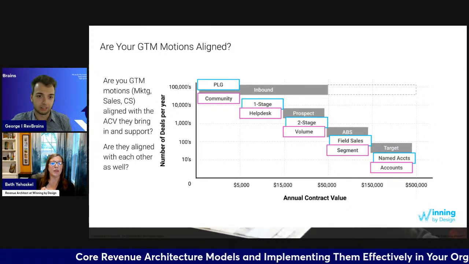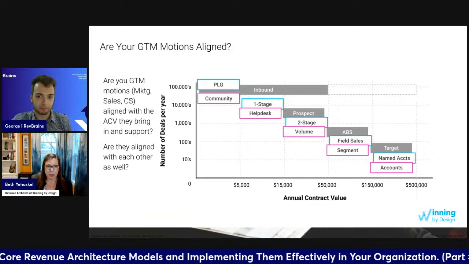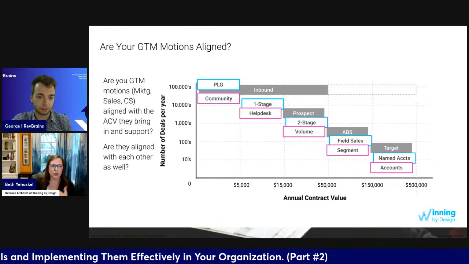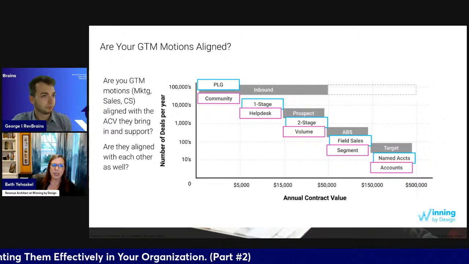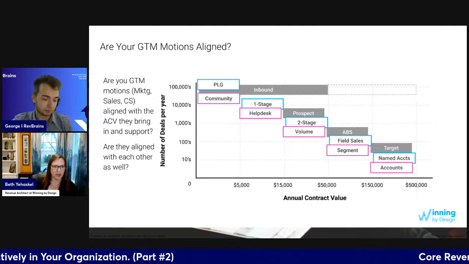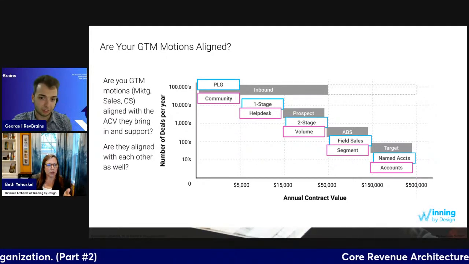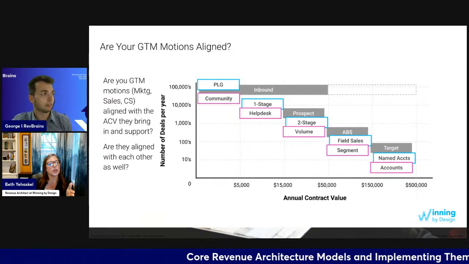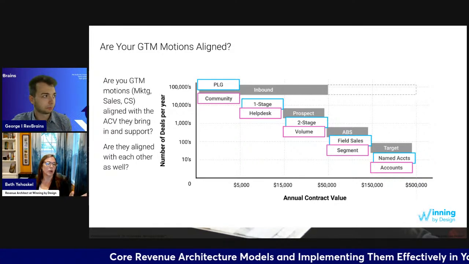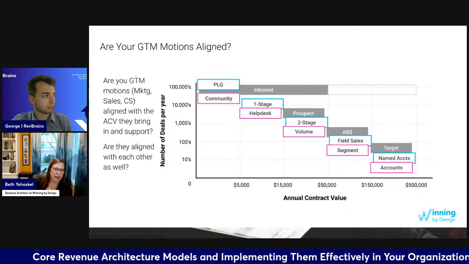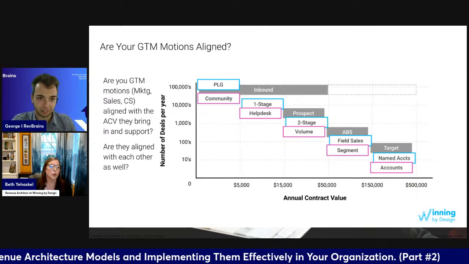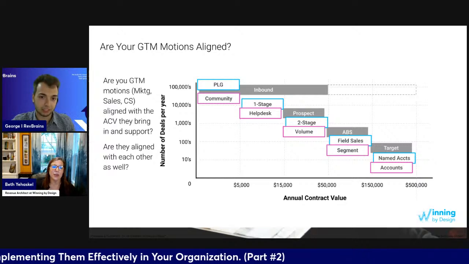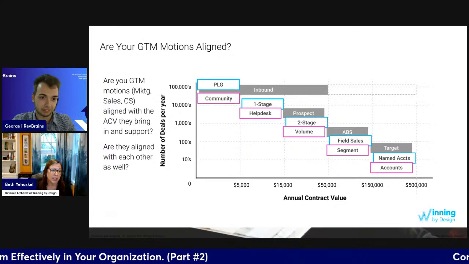So, for example, if you have an enterprise product and an SMB product, you're not going to have the same level of touch, the same marketing motion, the same sales motion, the same support motion after the sale. They're going to be different. And so in this model, you can use it again as a guide, not a precision tool, for where your average ACV might be for a band, and then what kind of go-to-market motions you should have. And they should be aligned not just with the ACV, but with each other too.